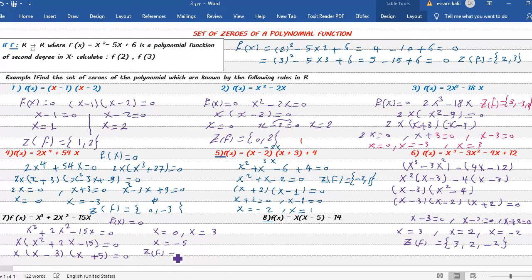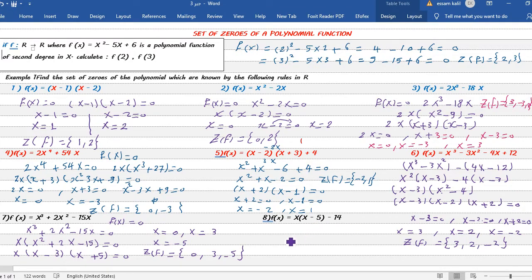So zeros of f equal what? Open brackets 0, 3, negative 5. 8. f of x equals x open brackets x minus 5, minus 14 (as written).